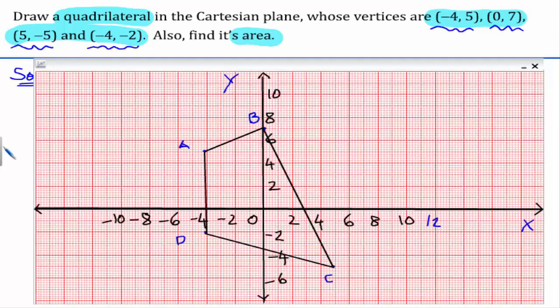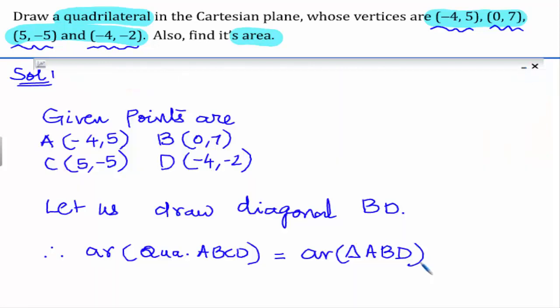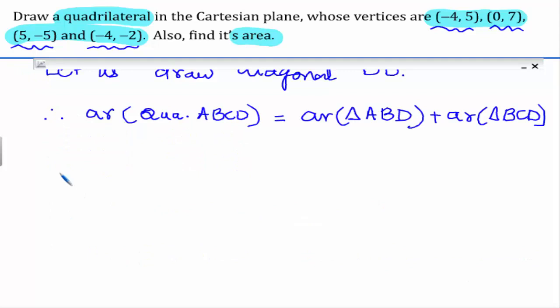If I draw BD, let me draw that. Here is the BD diagonal. Then one triangle is ABD, the other one is BCD. Now let us find out the area of these 2 triangles separately and add up.